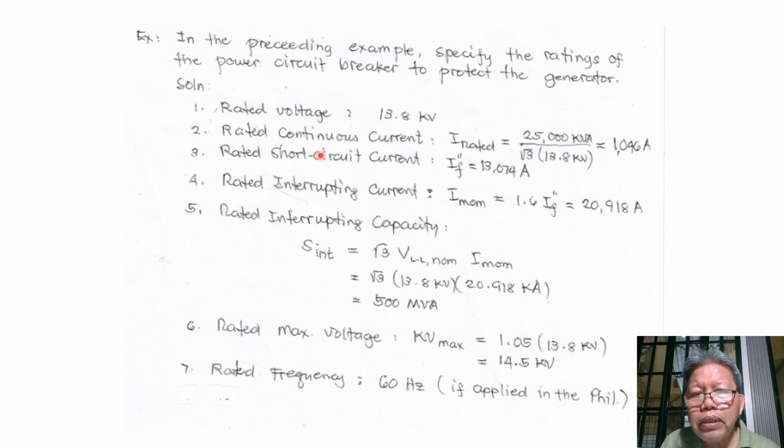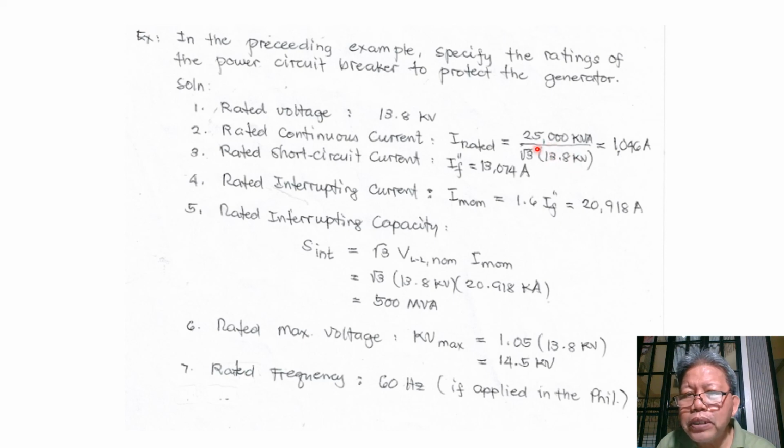Now the rated continuous current of our power circuit breaker, I rated here, would be equal to the continuous current. So it is the MVA rating of our generator divided by square root of 3 times the line-to-line voltage.